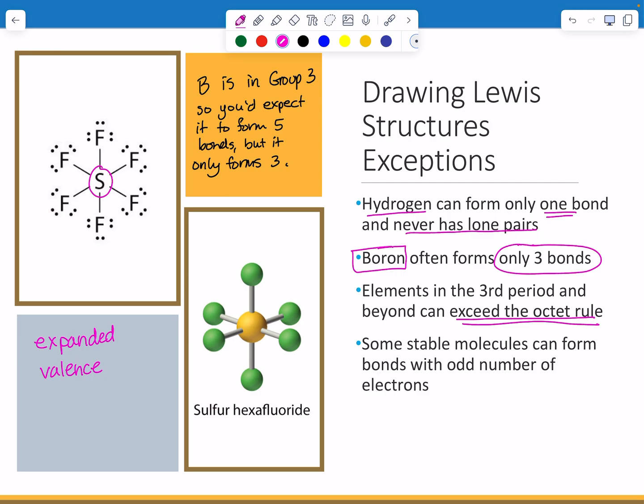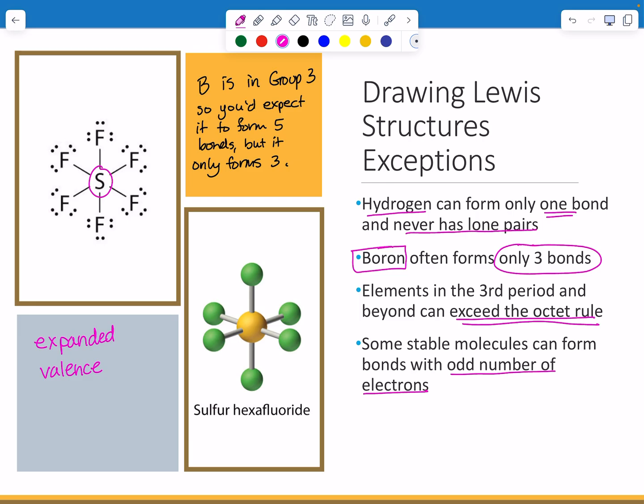Now, some stable molecules are also going to have odd numbers of electrons. We're going to talk about odd numbers of electrons in the context of things called free radicals. You've probably heard of free radicals, if only in cosmetics commercials or nutritional ads, antioxidants helping get rid of free radicals and things like that.